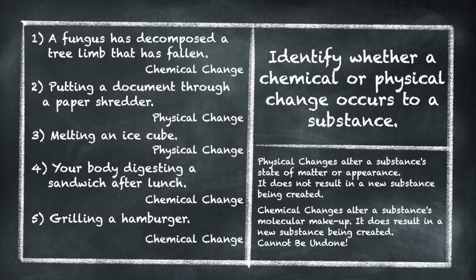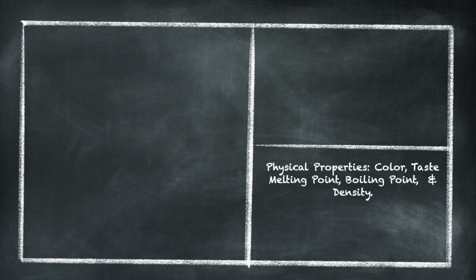Now let's talk about chemical and physical properties. Before we start though, let's keep in mind the key indicators of physical and chemical properties. For physical properties, if we see the following words, it is a key indicator that this is probably a physical property being observed: color, taste, melting point, boiling point, density.